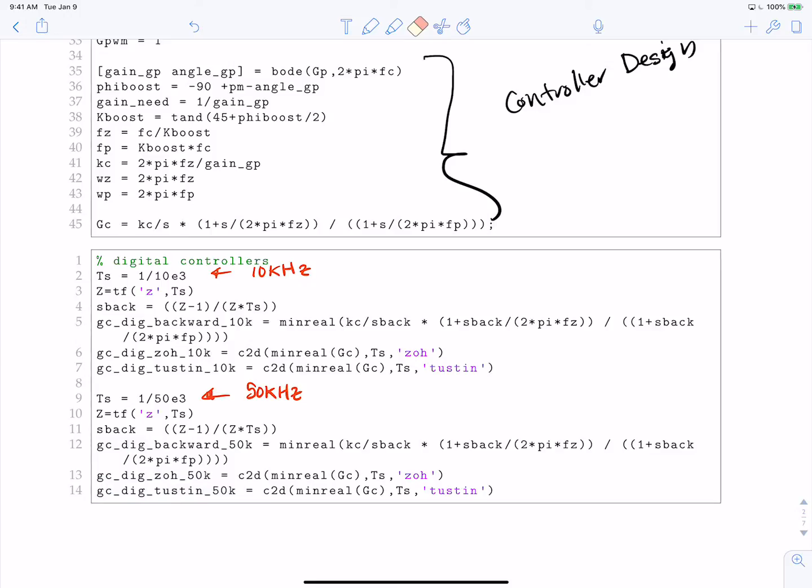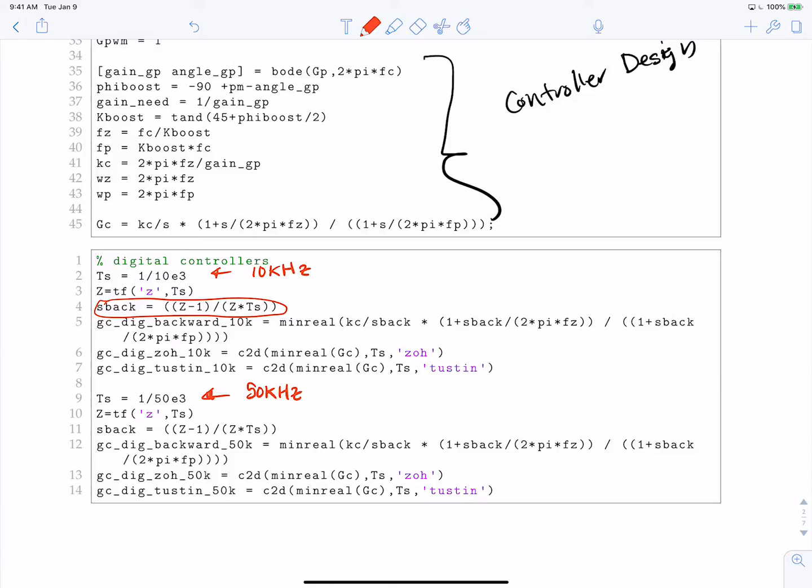Essentially in this MATLAB code, we define S back, which in this case is a backwards Euler approximation of sample time TS. We'll plug that in for S. That's what we do here. You see S back, S back, S back, and essentially we get a controller in the Z domain.